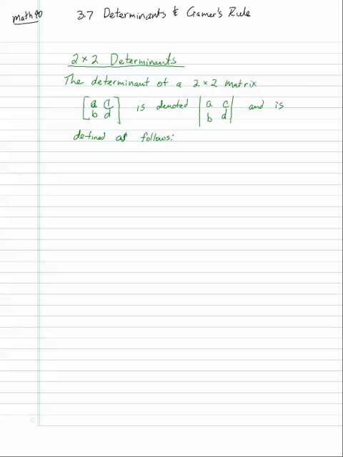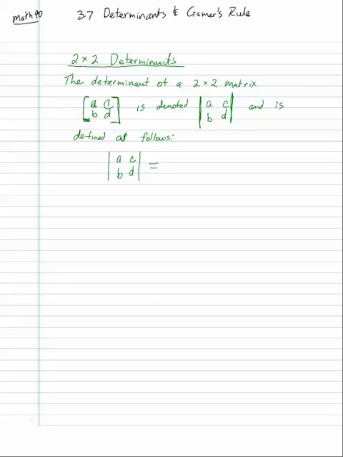Okay, so the determinant of a 2 by 2 matrix, A, B, C, D, with the brackets here, you denote it with these straight bars, like the absolute value symbol, okay? And it's defined to be, so here's the technique.